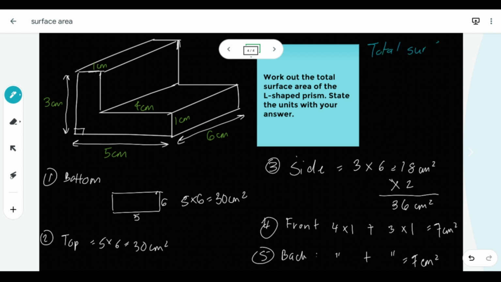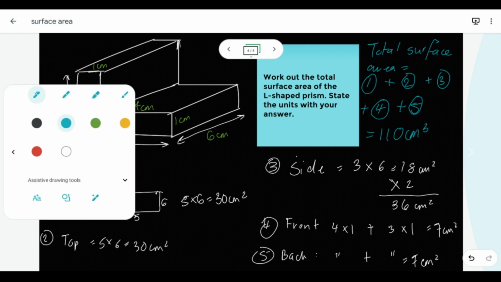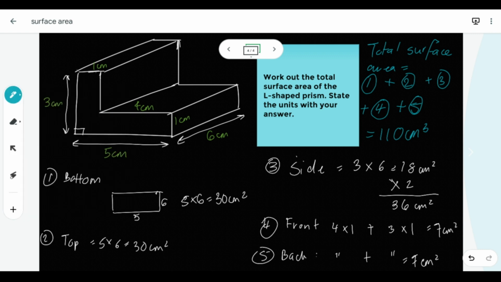Total surface area then would be 1 plus 2, 3, 4 and 5 to get a value of 110 centimeters squared. Cubed would be if it was the volume. And that should be your final answer.